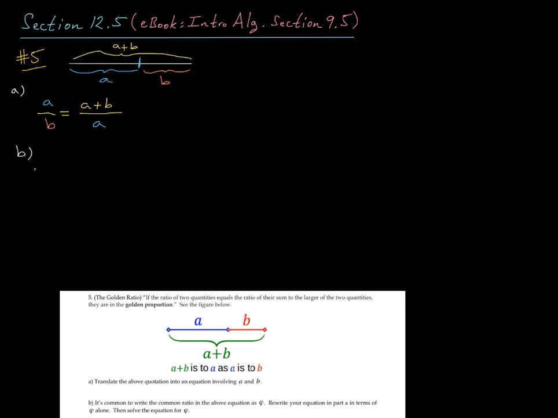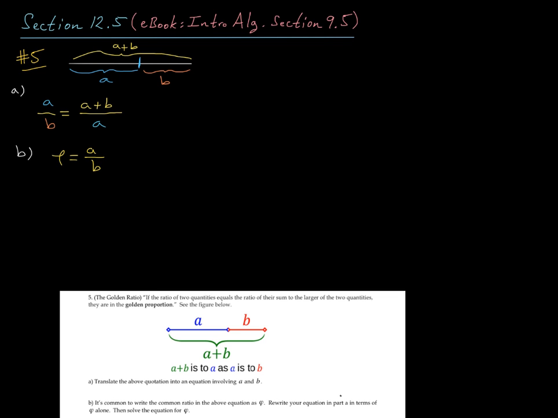So now for part B, it says it's common to write the common ratio in the above, that's poor wording, in the above equation as this, it's a Greek letter phi. And this ratio, by the way, does go back to the ancient Greeks. And so we're going to call the common ratio of long to short this Greek letter phi.